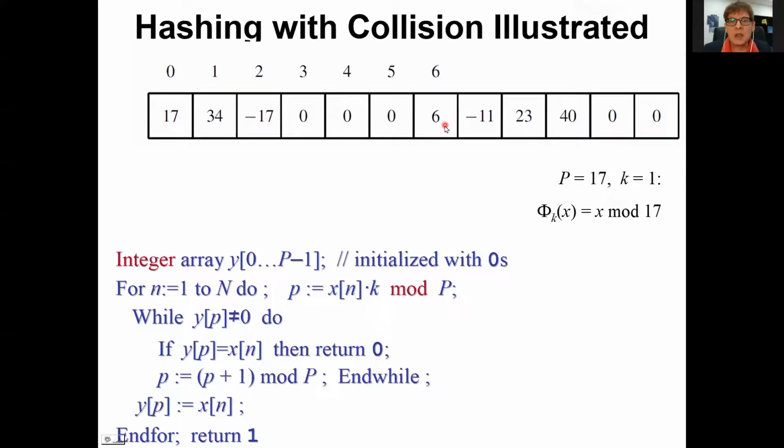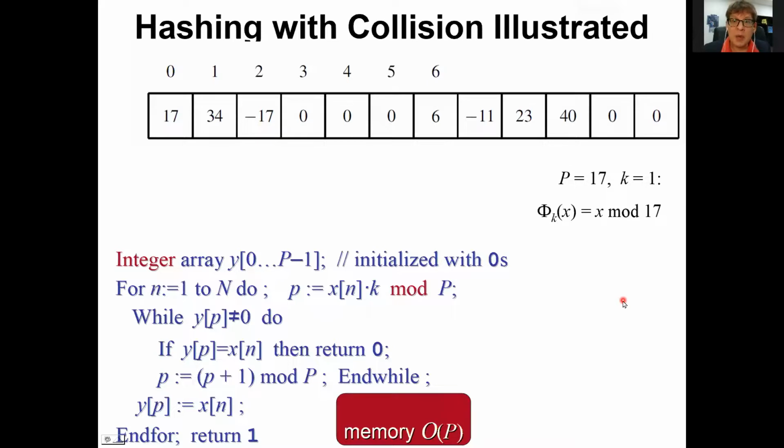And here's another choice of values: 6 has hash value 6, -11 also has hash value 6, so it starts here and then proceeds here. 23 also has hash value 6, so it starts here and proceeds here. 40 has hash value 6 and starts here, and so on. So that concludes our discussion.